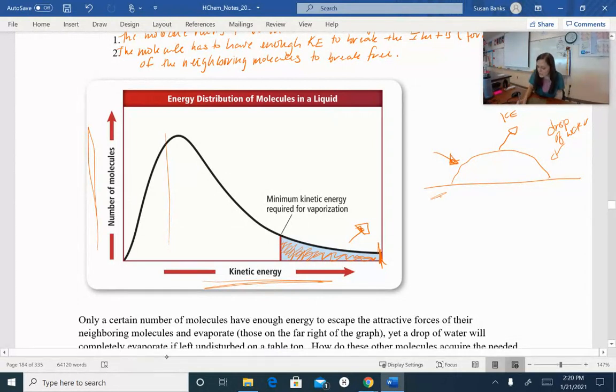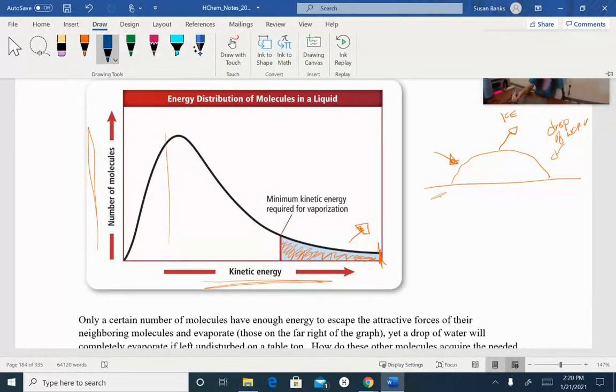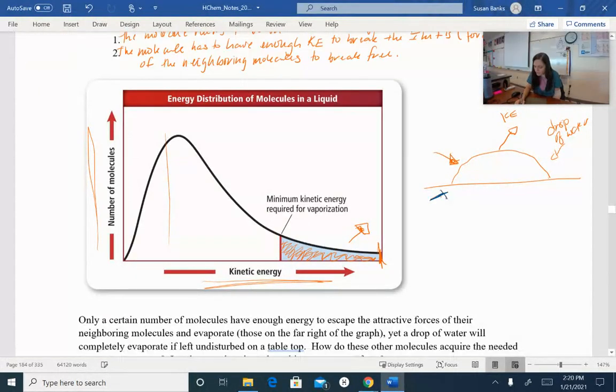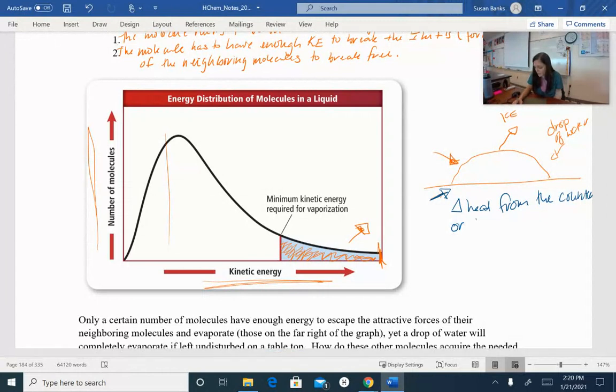So the reason this drop of water can evaporate fully off the kitchen counter is that it's taking heat from the counter, or whatever its surrounding materials are.